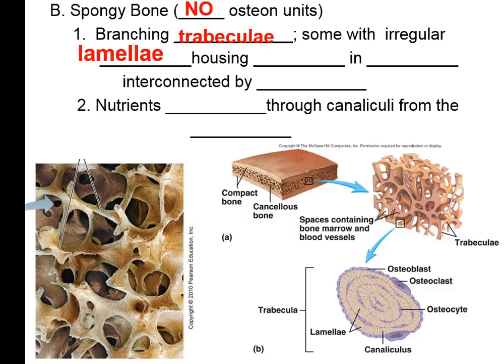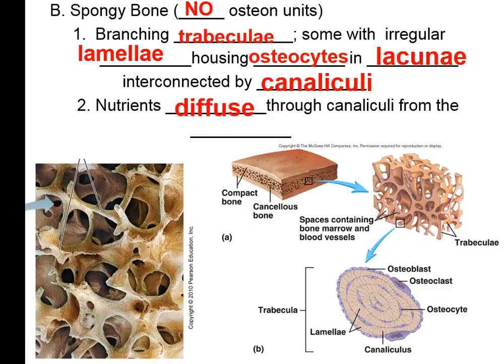Some of them have irregular looking lamella housing osteocytes and lacunae connected by canaliculi. So when you look at the structure, it kind of reminds you of an osteon unit, but it's not as regular in its pattern because it's so thin.